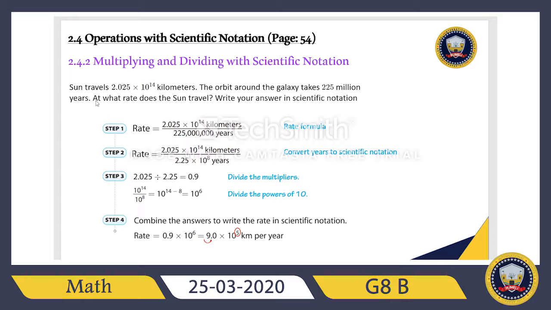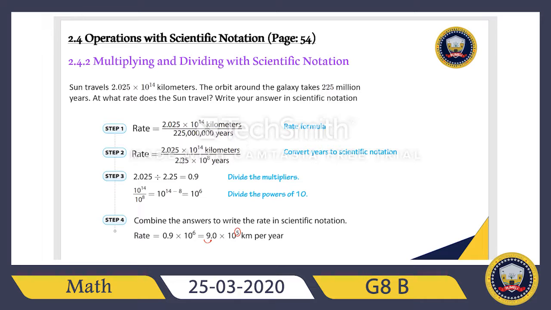Basically, it is the distance divided by time. Here, distance is in kilometers, and the time is 225 million years. So I'm going to make division. First, I'm going to write the rate formula. So it is distance divided by time.